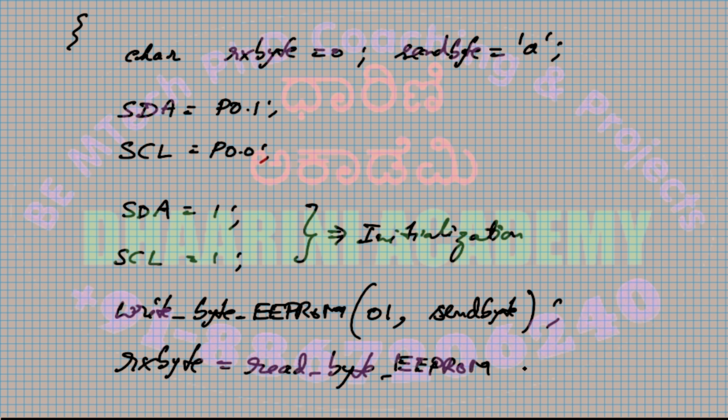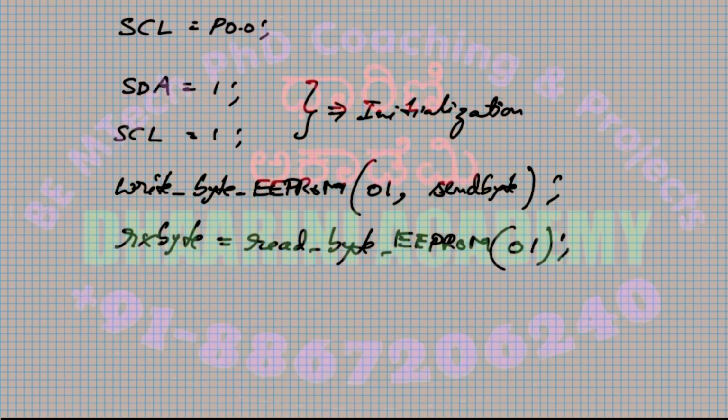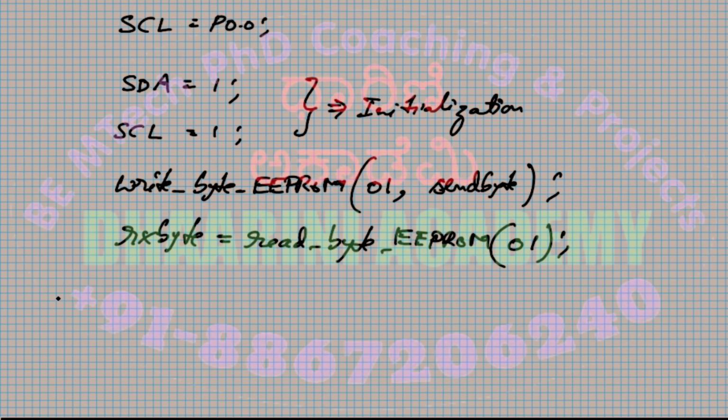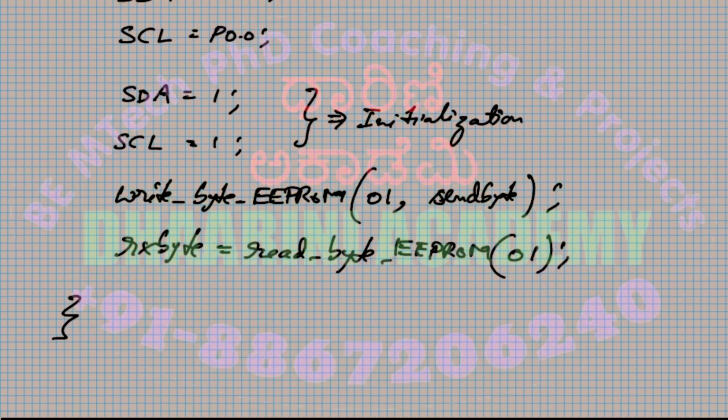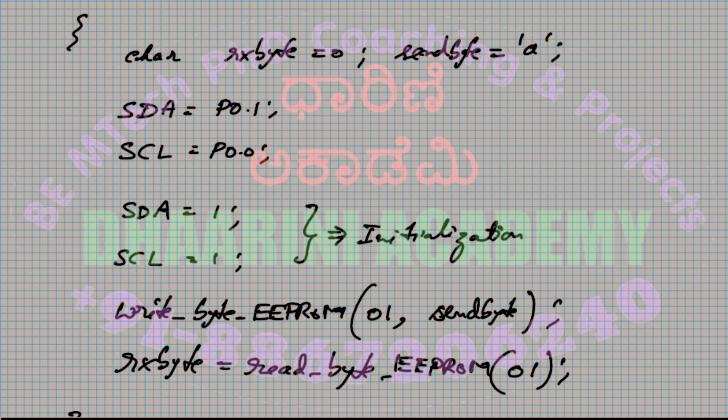You have to pass the address 01. So that data comes here. You receive the Rx data. Then I don't have to return anything, so you don't have to write a return. Simply close this. This is the driver function or the main function which does your job. So read and write are completely done.